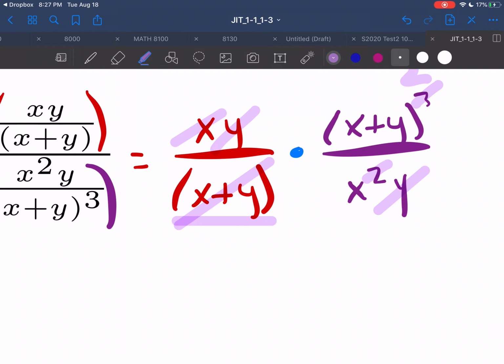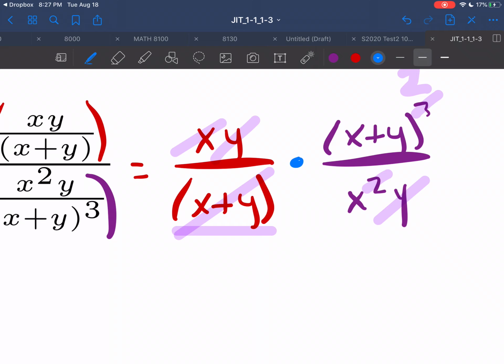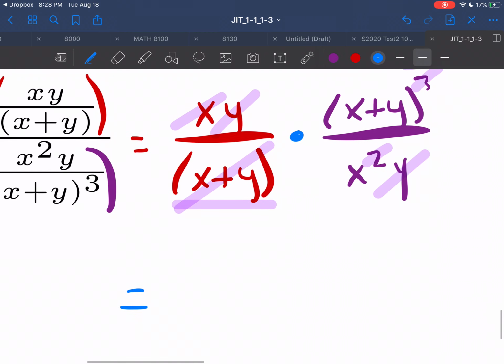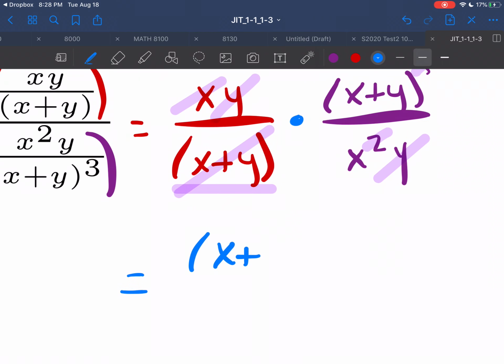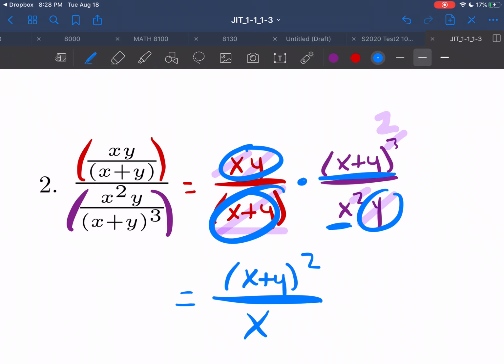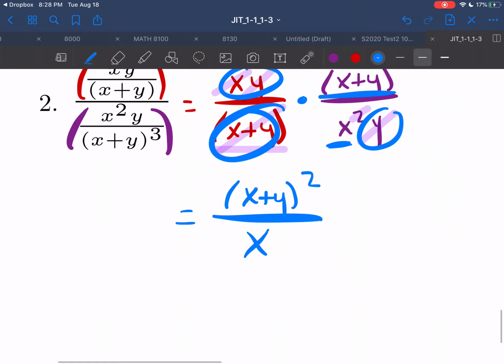If you have some questions about what happened there, feel free to ask me. But what we're left with is x plus y squared over x, because that all canceled. The y canceled, so we were left with just one x and an x plus y squared.